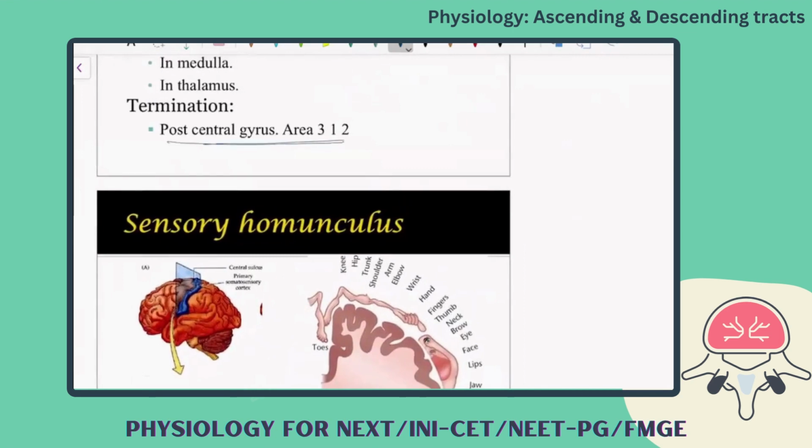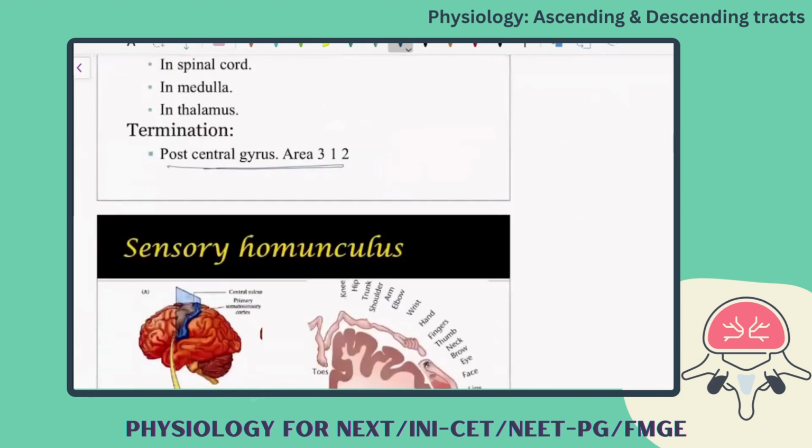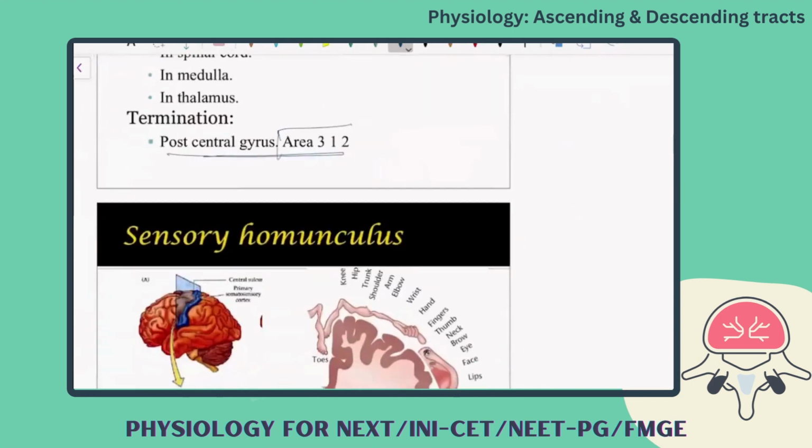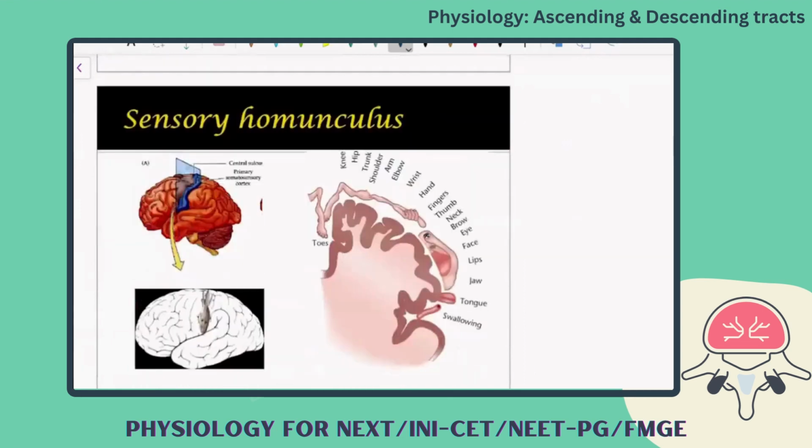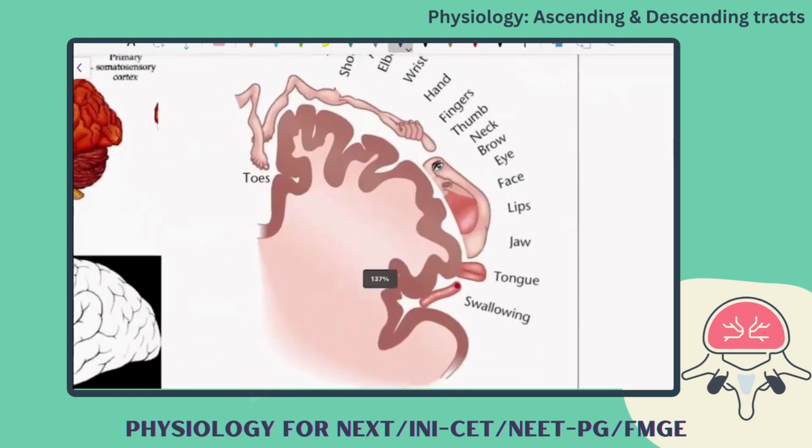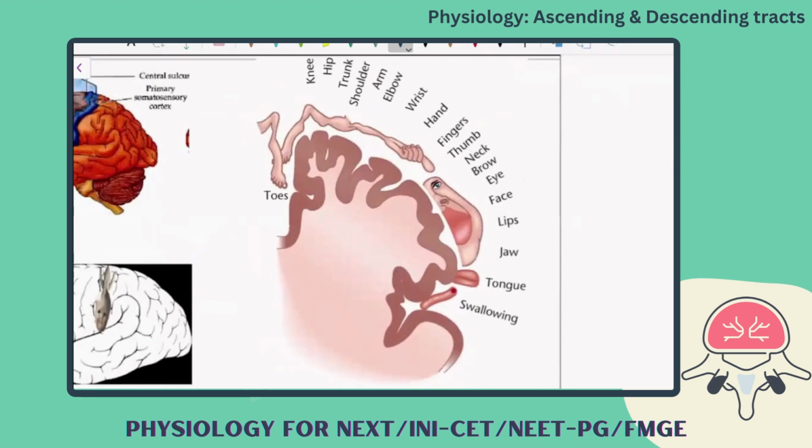Then we will move on to the termination specifically in the somatosensory area 3, 1, 2. And now, what is homunculus? The arrangement of body positions with respect to the cerebral cortex, you call it homunculus.